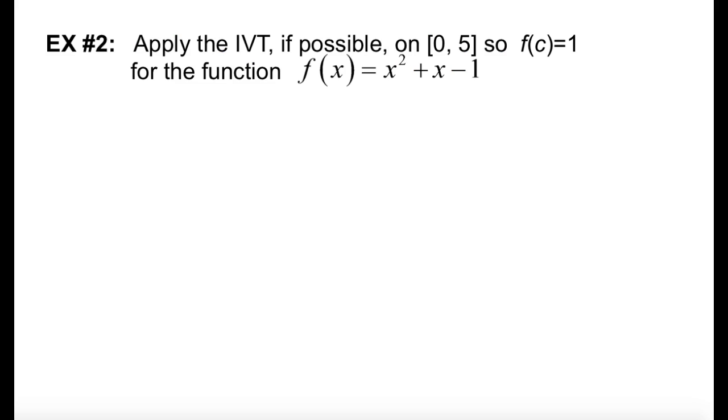Okay, first, it says apply the IVT if possible on the closed interval 0 to 5 so that f of c equals 1 for the function f of x equals x squared plus x minus 1. So what this is saying is show that on this interval somewhere, okay, we don't actually have to figure out exactly where, okay, but just show, if possible, that on this interval we get a y value of 1 somewhere.